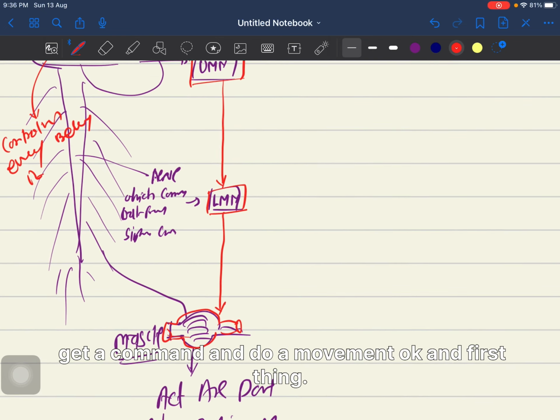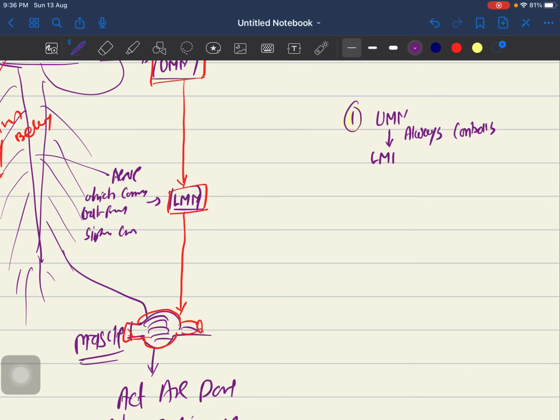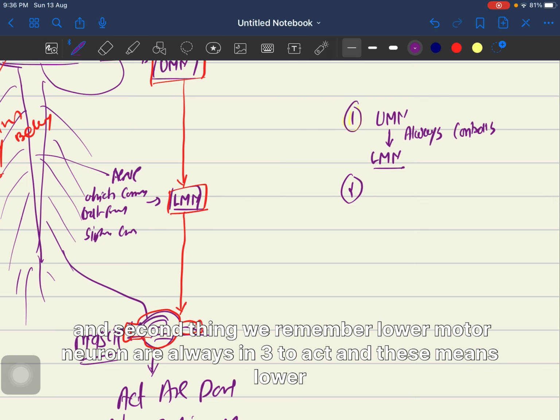First thing we remember, the upper motor neuron always controls the lower motor neuron, and second thing we remember, the lower motor neuron is always in a hurry to act.